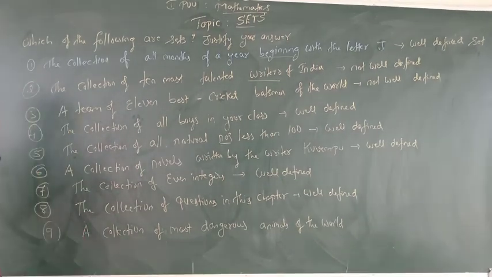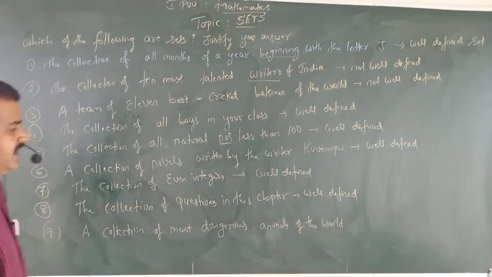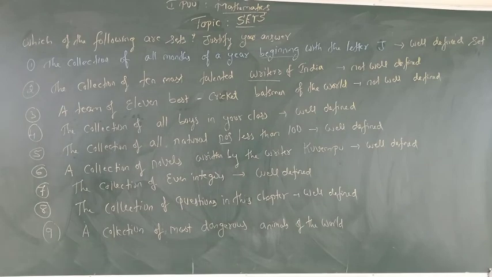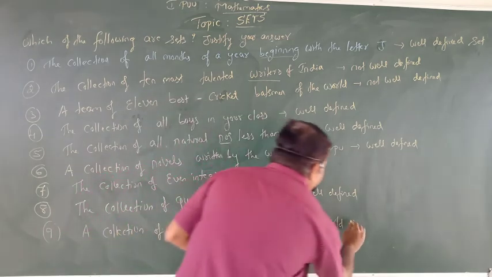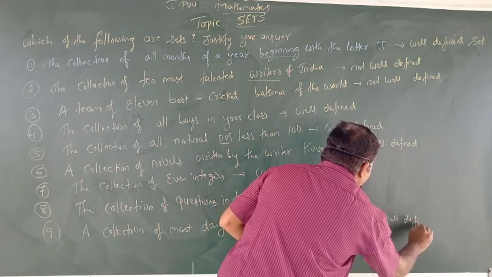Again, the last one, the collection of most dangerous animals of the world. The dangerous animals in the world may vary, so it is not well defined. It is not a well defined set.